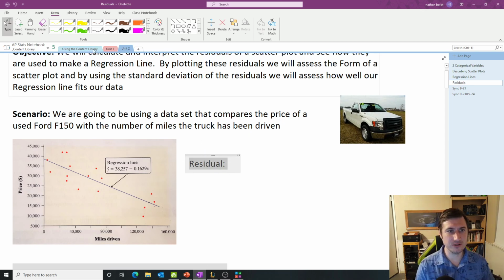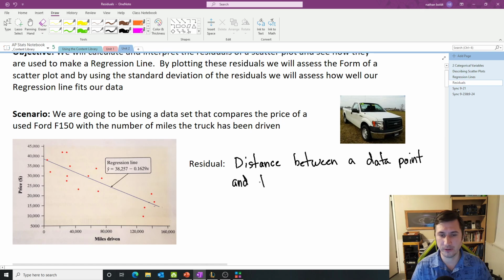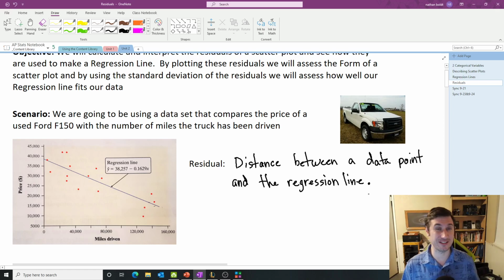So a residual is essentially how far off the data points are from the regression line. To be more specific, the residual is the distance between a data point and the regression line. How far off is the regression line from the actual data?